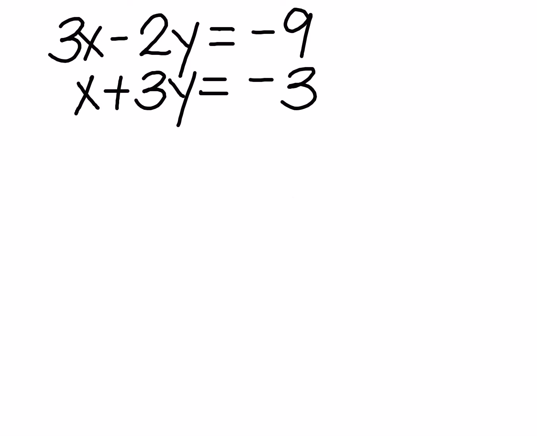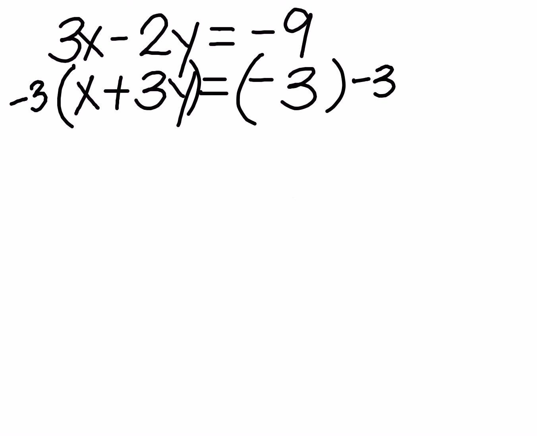Another way I can do this is I can go back to the x. We haven't done anything with the x's yet. We've just been working with the y's. So let's eliminate the x this time, do something different. We're going to say 3 minus 3. To do 3 minus 3, I have to multiply the left side and the right side by negative 3.